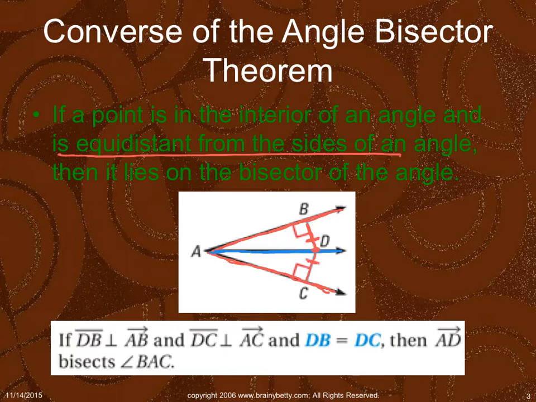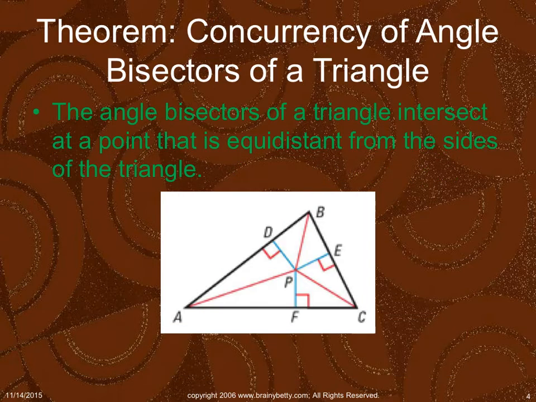So guess what? It must be on the angle bisector, meaning that these two angles right here are congruent. It gives us that piece of information. So if we've got these two pieces here that are congruent, then it means that those two angles here and here must be congruent because it's the angle bisector.